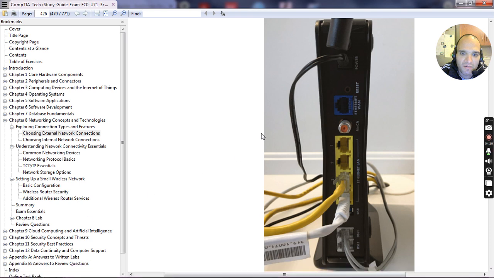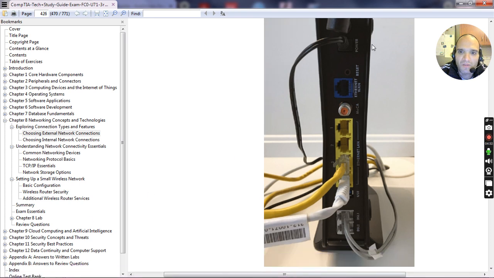And as we see here, the available ports in the back of the router / modem are the power port, the reset port, the Ethernet / WAN port, the MOCA port, 4 Ethernet LAN ports, a USB port, and 2 DSL ports.